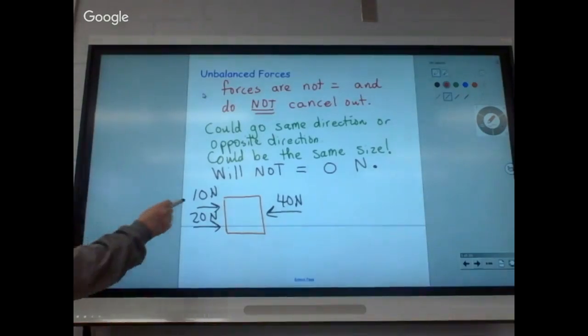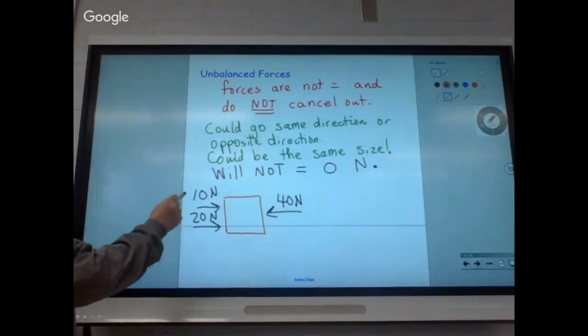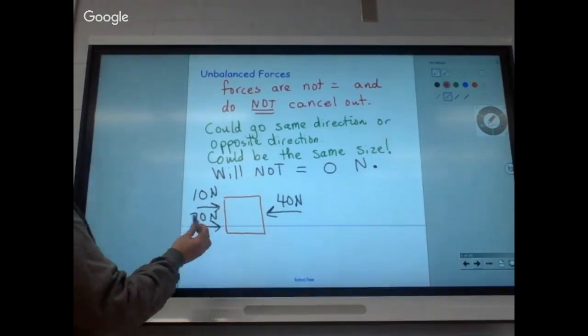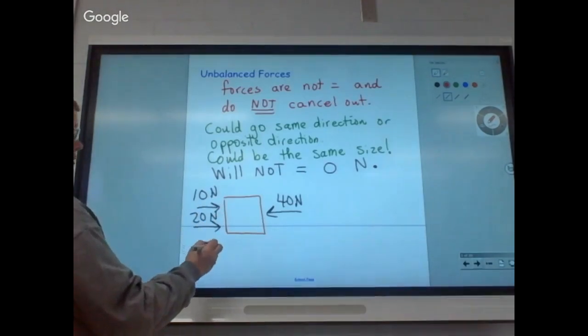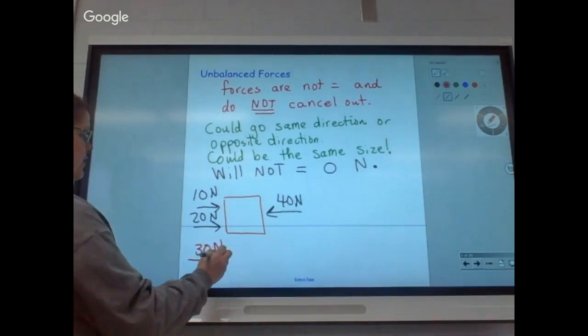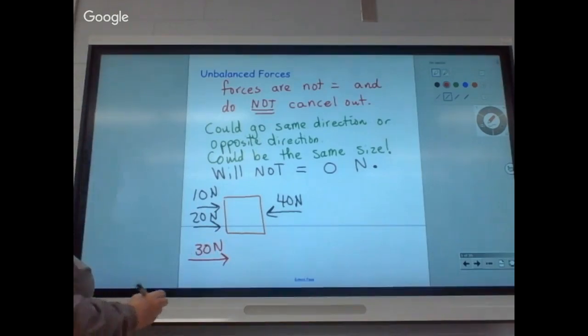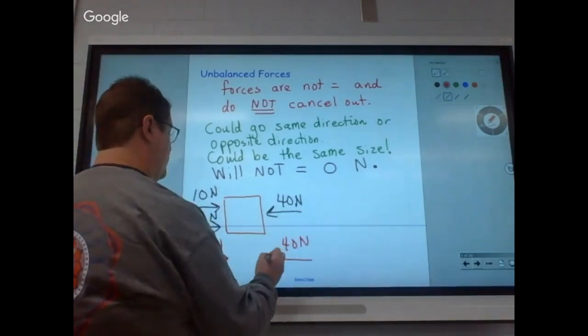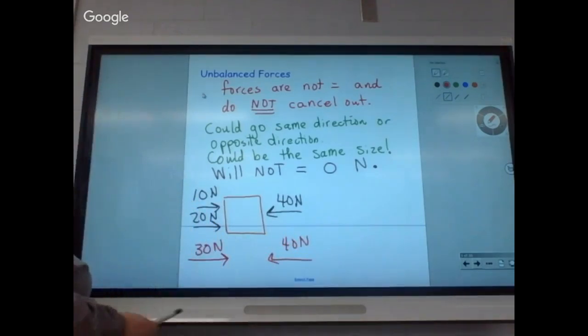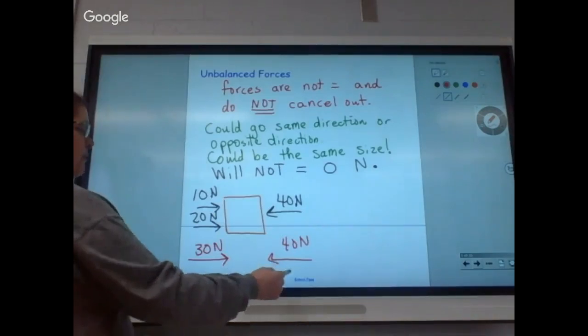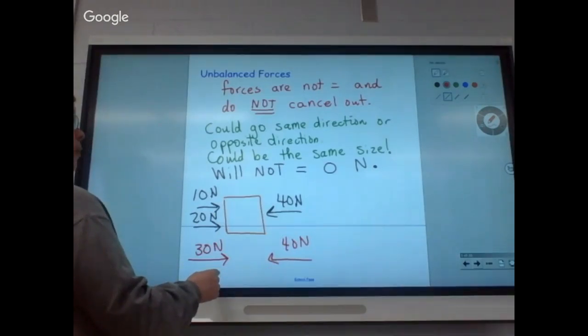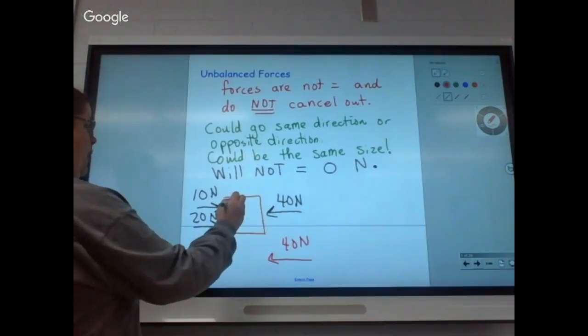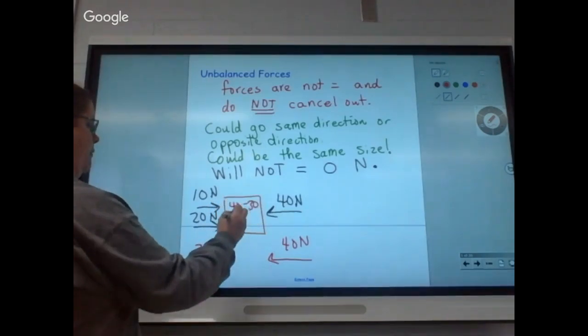What do I do with these two right here? You add them. So this is 30 newtons pointing this direction. And this is 40 newtons pointing this direction. Now, what do I do with these two? I subtract and I get what? So 40 minus 30 is 10.